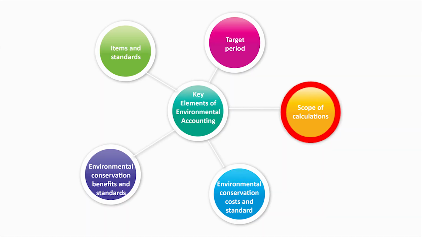Information pertaining to the company's financial accounting, environmental activities, and environmental accounting should all be coordinated to match the said company's business fiscal year. Next, the scope of calculations. The scope of calculations shall be the same as in the company's environmental report.